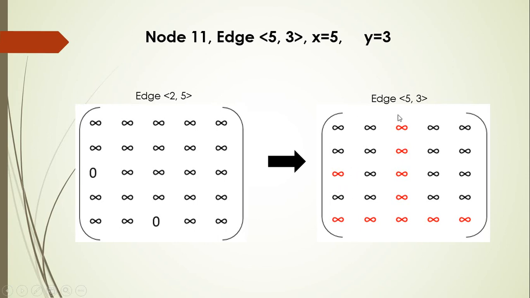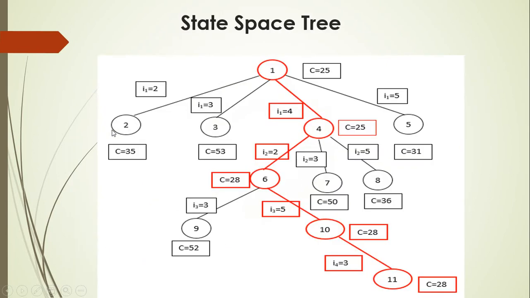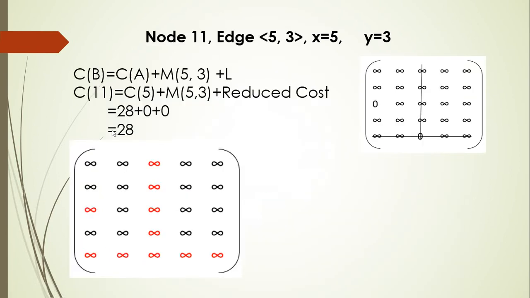So in this matrix we got all infinity. Calculate the values here. C of 5 is 28. M of 5, 3 is 0. Reduced cost 0. So the total cost is 28.